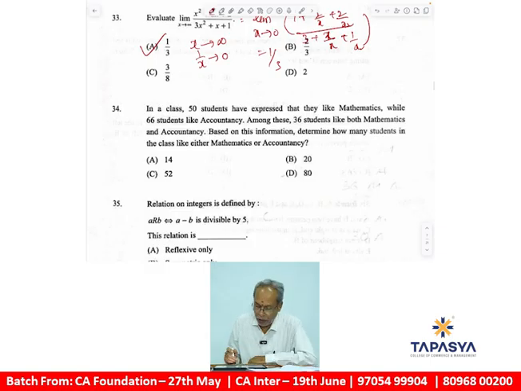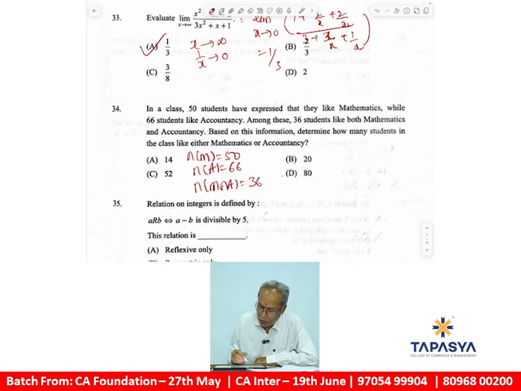Next, in a class, 50 students have expressed that they like mathematics and 60 students like accountancy. So n of M, mathematics liking students, are 50, accounts liking students are 60. Among these, 36 students study both mathematics and accountancy.